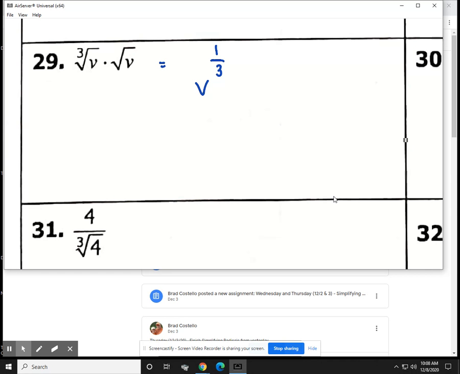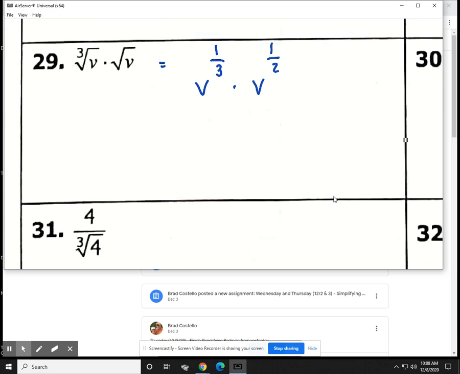Now, Diana, you might be looking over at the next part. What's the root of that second one? It's square root, right? It's a 2. So my denominator in that second one is a 2. So that one's v to the 1/2. Y'all see how we took these two radicals, we rewrote them as rational exponents, and now we can do what with them? We can add our exponents. What is 1/3 plus 1/2?